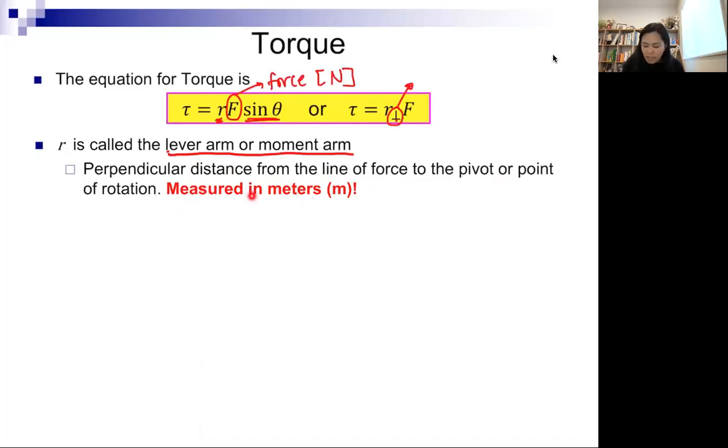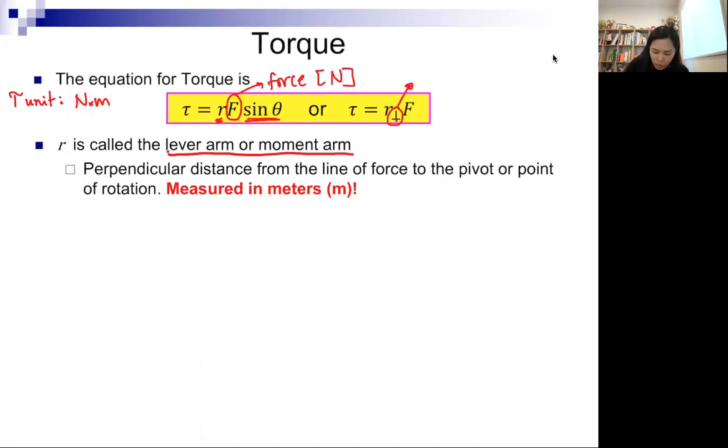And it has to be measured in meters because it's a distance. It's really important that it is measured in meters because the unit for torque, as shown in the previous slide, is newton times meter. Your lever arm gives you this meter and the unit for force is newton.